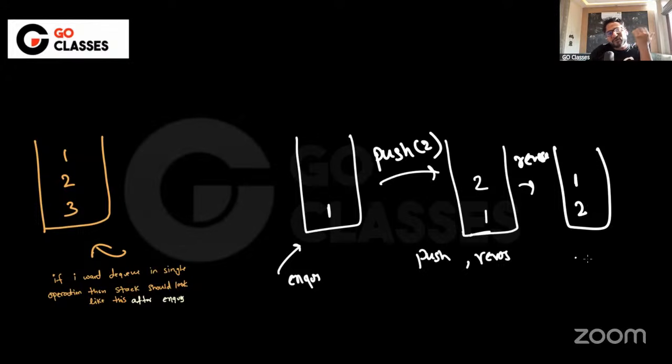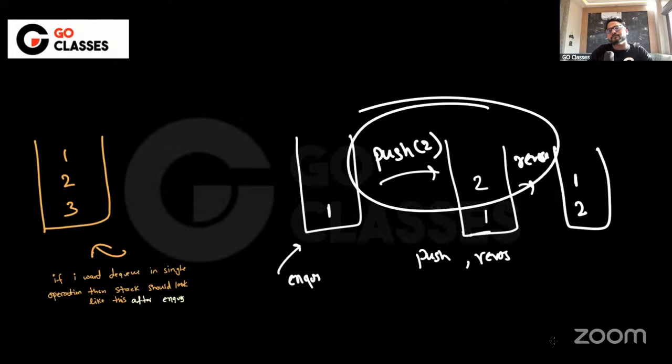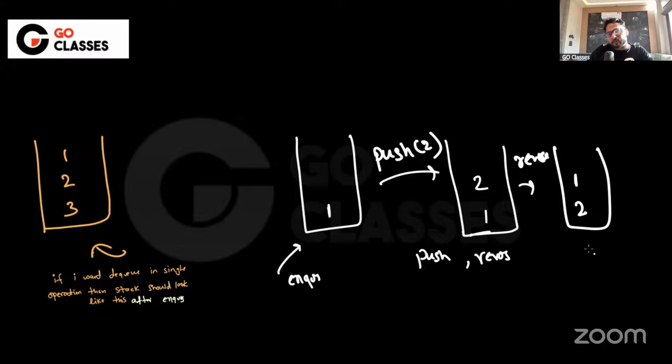But if you do the NQ again, can you do the NQ directly like this using this code, push and reverse? No, right? Just check. If you do the NQ again, can you push directly? No, you have to first reverse.